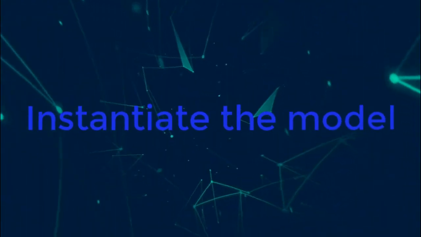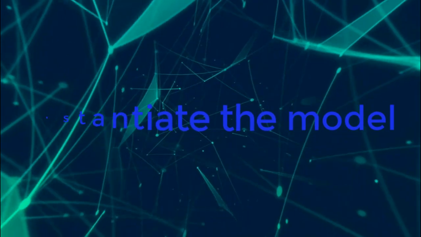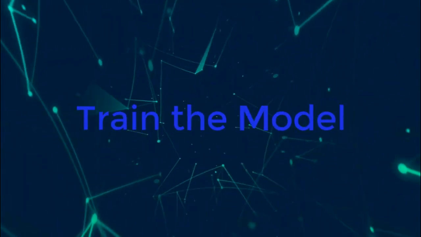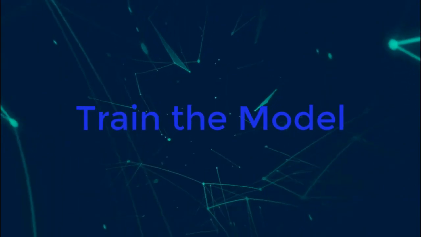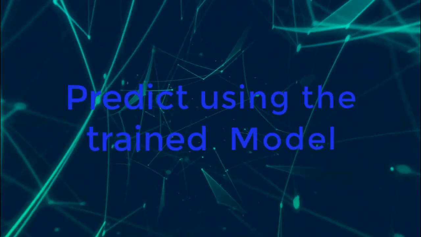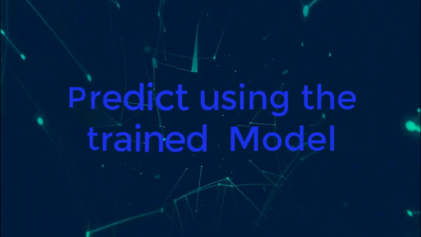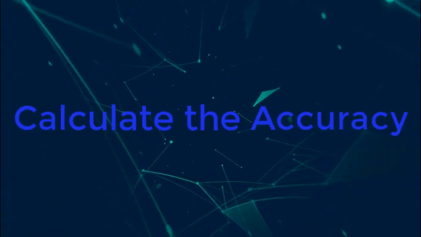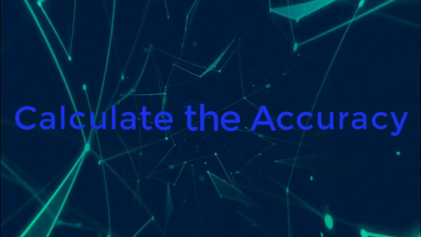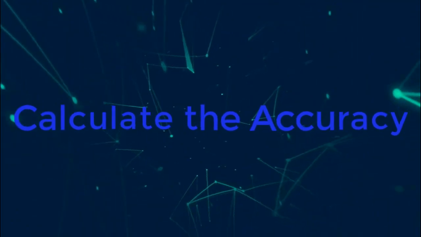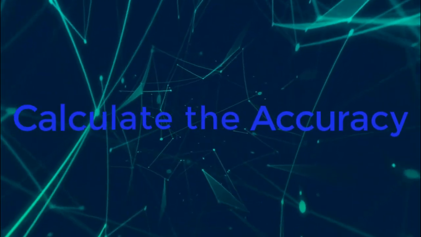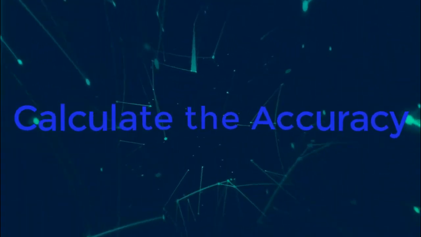After that, we will instantiate the model. Then we will train the model. After that, we will predict using the trained model. Finally, in cell 9, we are calculating the accuracy of the model. This is implemented using accuracy_score method provided by sklearn. Let's get started.